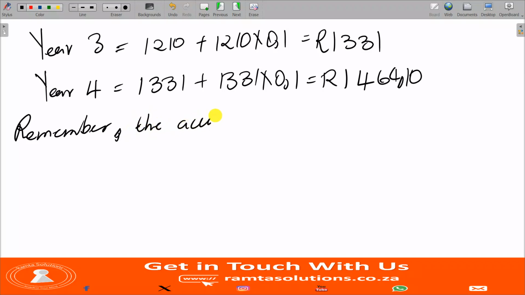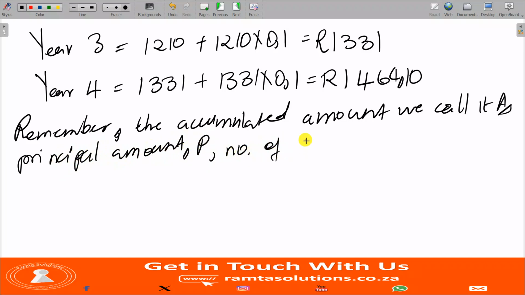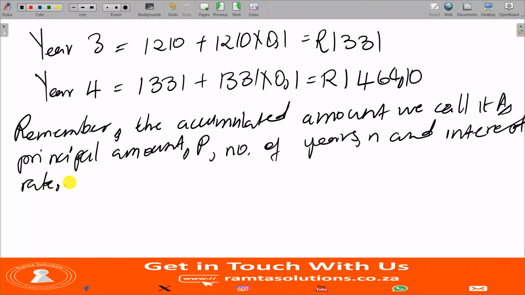The accumulated amount, we call it A. The principal amount, P. Number of years, N. And interest rate, not just simply interest, interest rate I. Now, let's derive a formula that will help us calculate this.